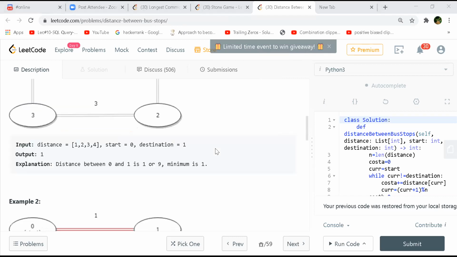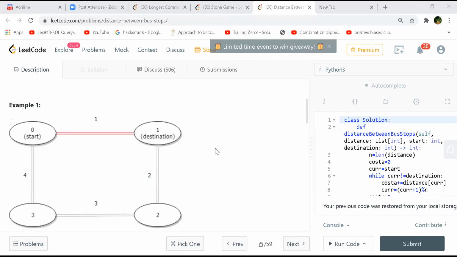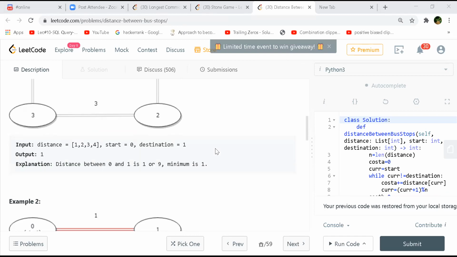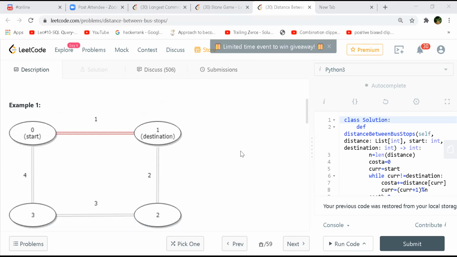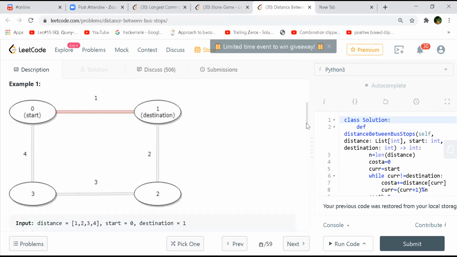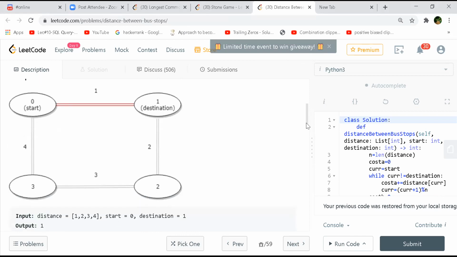You are given an array, and this array is circular, so the bus is always traveling in a circular fashion, going from left to right, and when it reaches the end, it comes back to the origin.